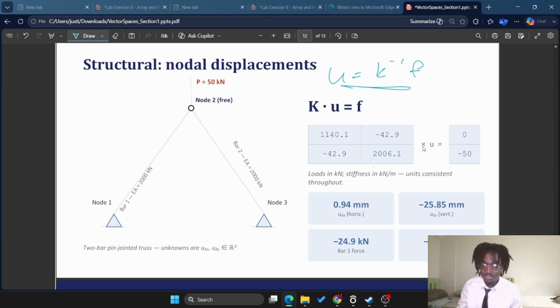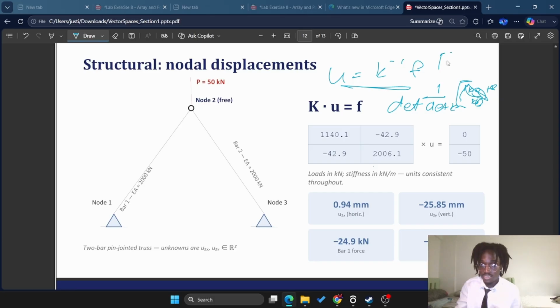When you do this, we can get the inverse by getting the determinant. Then we put 1 over the determinant of K times the matrix with 1140 and 42 and 2000, and then the diagonal entries switch.